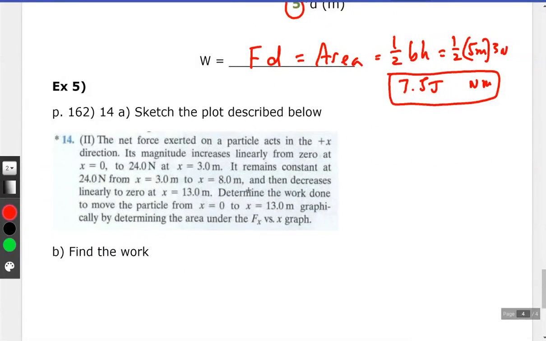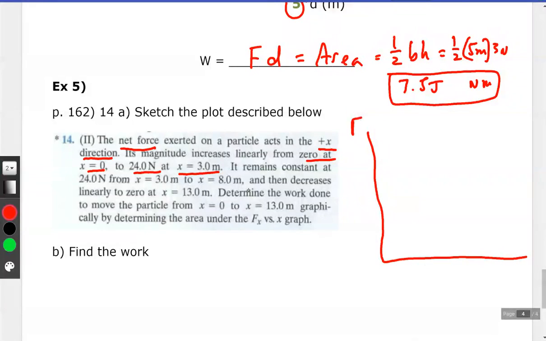Let's look at this one here. Net force acts on a particle only in the x direction. The magnitude of that force increases from 0 to 24 newtons at 3 meters. So what do we have? A plot looks like this. F versus D. And you're starting off at 0.